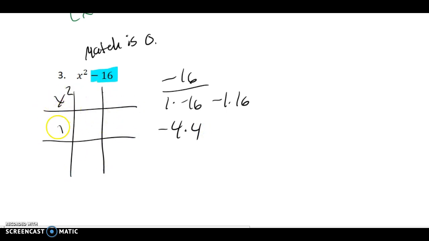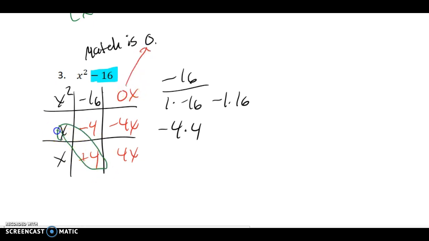So only one of those is going to give me 0. And so when I put negative 4 in and positive 4 in, and I multiply across, and add up, I get 0x. And that's what I needed to match because it wasn't there. So we have x plus 4, x minus 4. Right? Sounds a little quick when you have that.